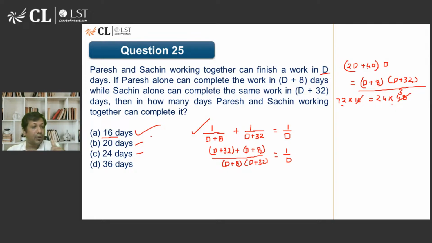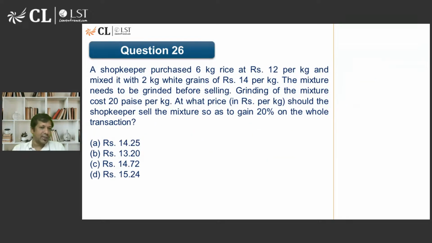If you are not using options, then this is a question that shouldn't be done in the exam because it is going to take a lot of time, and in that time you can do a lot of other questions. Okay, now let's start this one and see what's the approach.